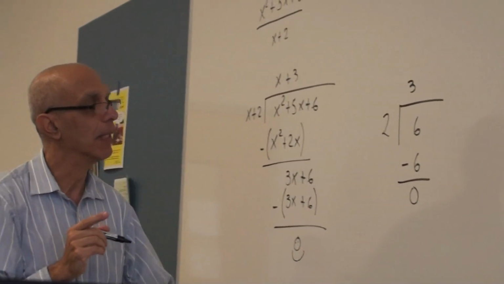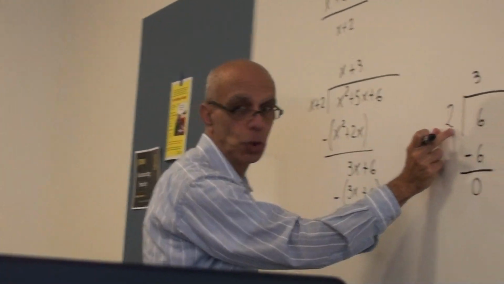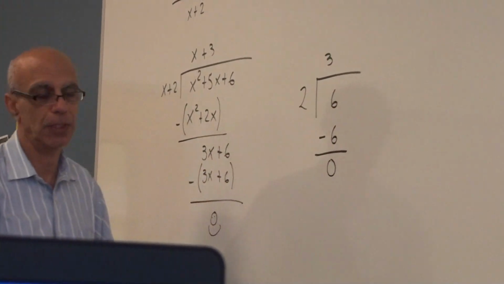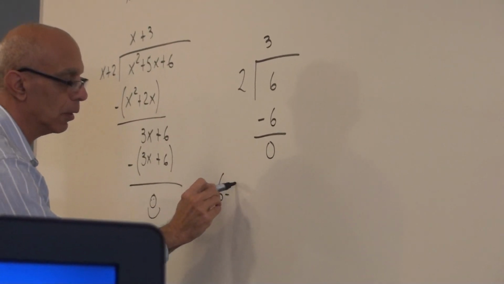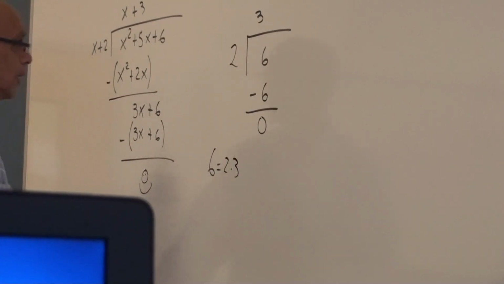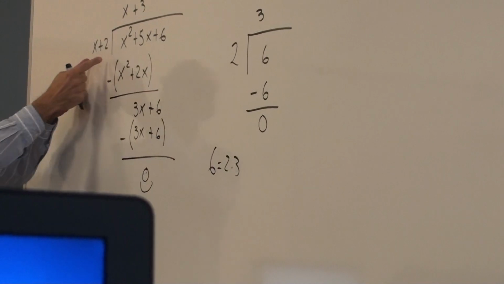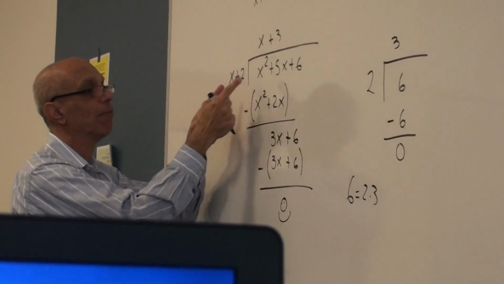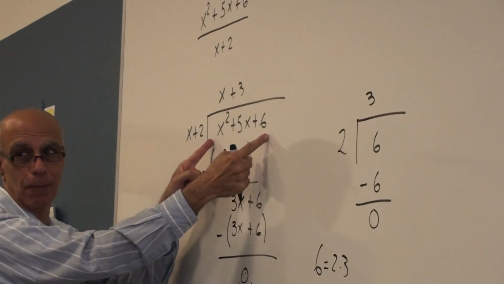So what does that mean? That means that 2 and 3 are factors of 6. So it means that 2 times 3 is 6. That means that x plus 2, when this is 0 here, is a factor of this polynomial.